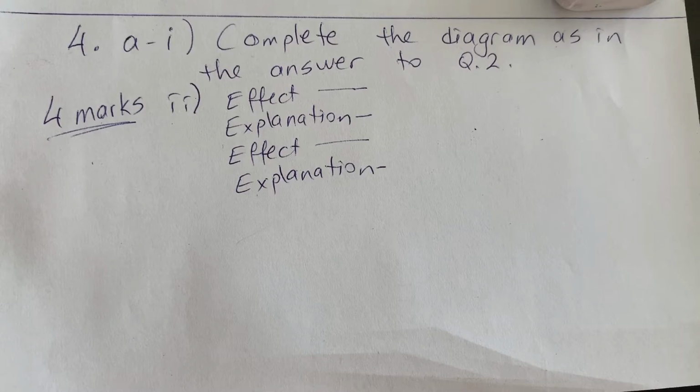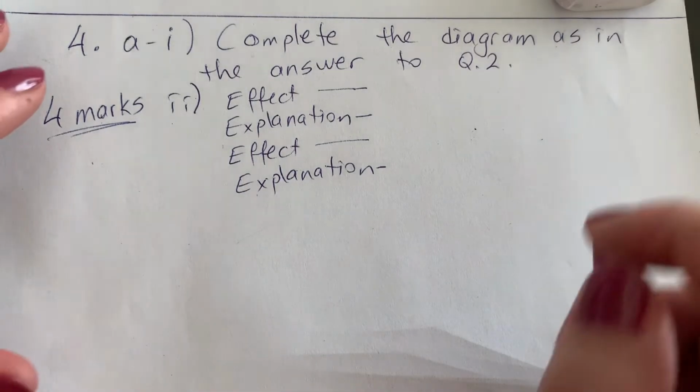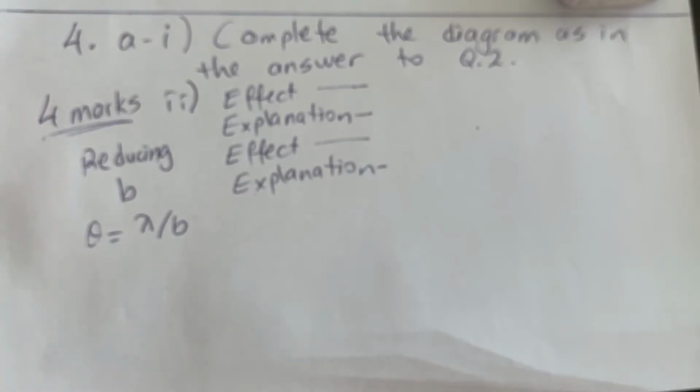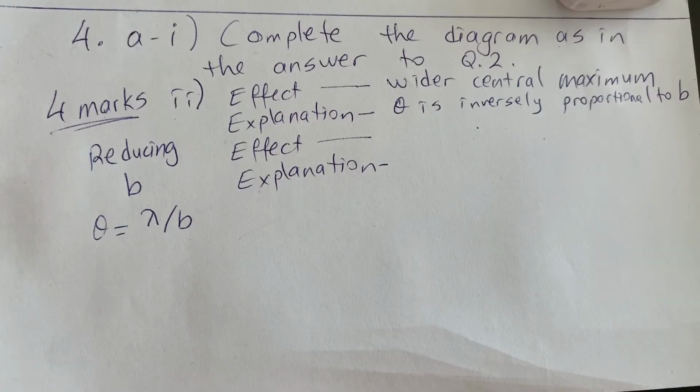So this question is reducing B. Since we know reducing B means an increase in the diffraction angle, that would cause the central maximum to become wider. You can give a mathematical explanation here that the angle is inversely proportional to B.